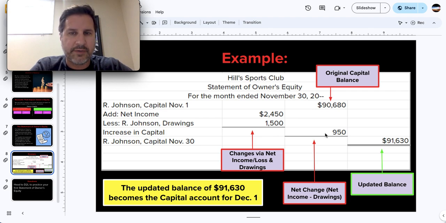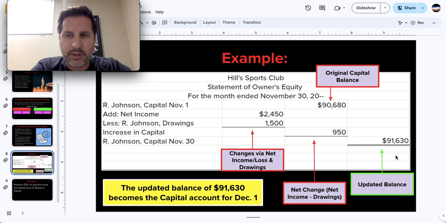The owner took out $1,500, but the business also made $2,450, which belongs to the owner. So to finish off the statement of owner's equity, we simply take our beginning balance, which was $90,680, add the increase in our equity of $950, and that gives us a new capital number of $91,630. That is the updated capital number for our owner.